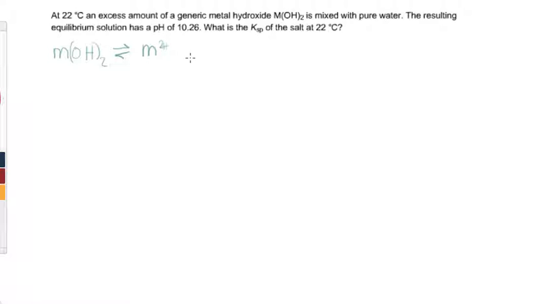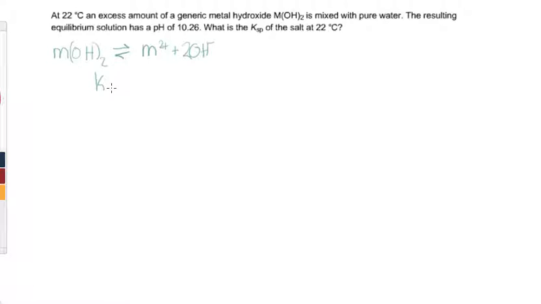OH is -1. That means the generic metal is going to be a +2. There's 2 hydroxides, so that's where I'm getting 2 negatives, 2 positives, neutrals out, a balanced equation.